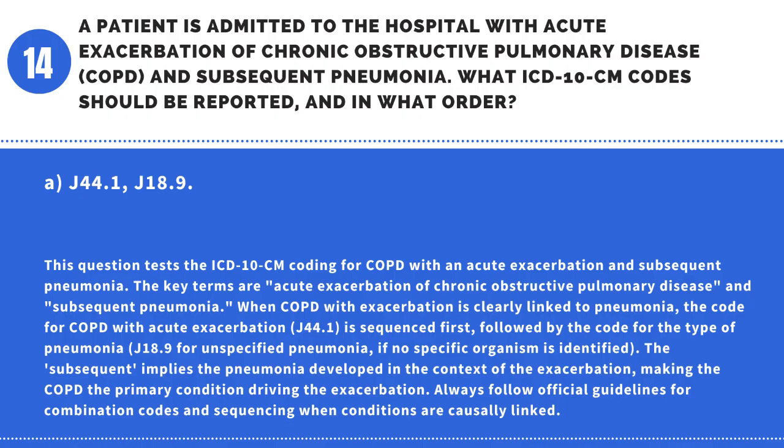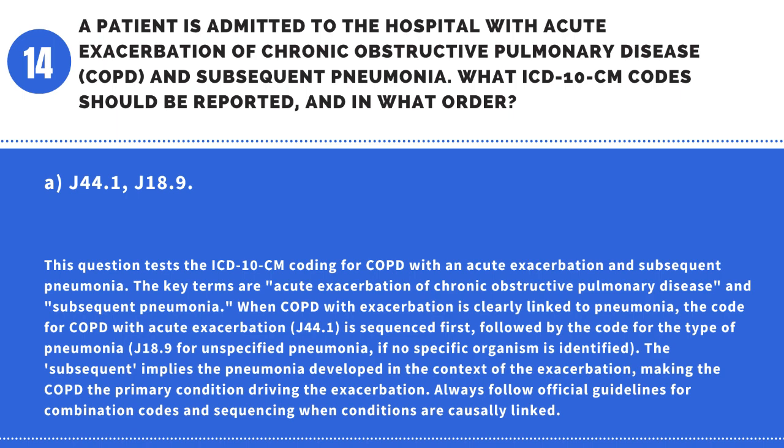Answer A. J44.1, J18.9. This question tests the ICD-10-CM coding for COPD with an acute exacerbation and subsequent pneumonia. The key terms are acute exacerbation of chronic obstructive pulmonary disease and subsequent pneumonia.